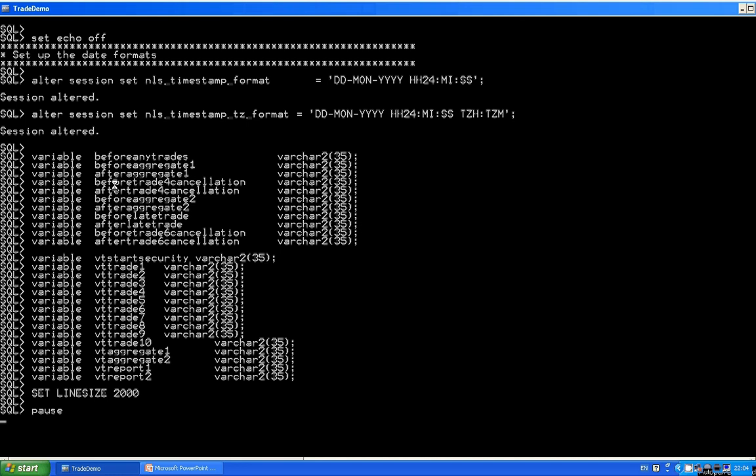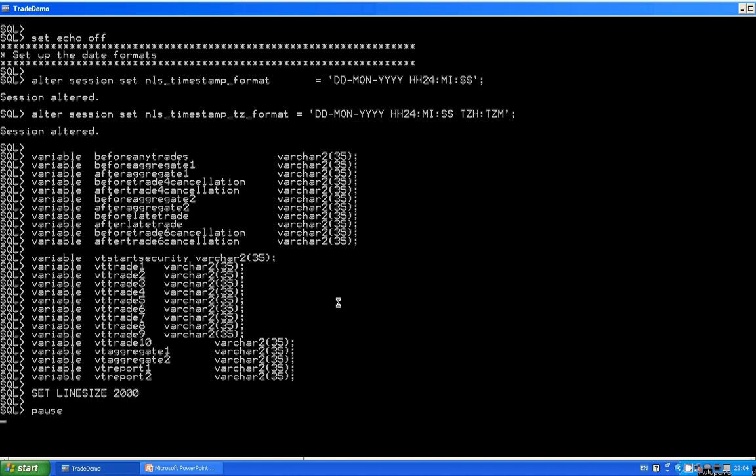So for example, we have before any trades, before an aggregate, after an aggregate, before a cancellation of a trade, after the cancellation of a trade, and so on. We also have some script variables to hold the valid time values of the current view operations that we're going to perform.